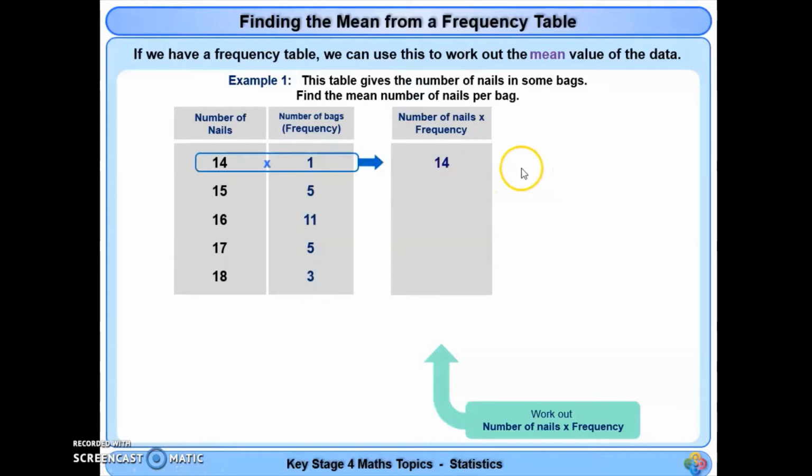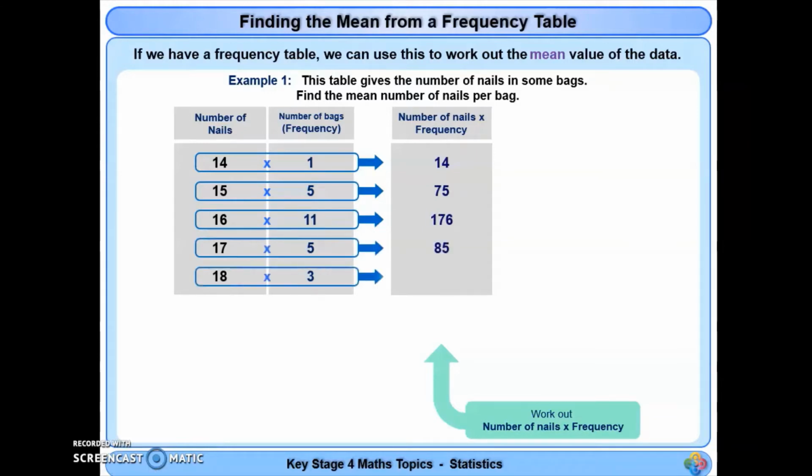So 14 times 1 gives me 14 nails. 15 times 5 gives me 75 nails, and so on. So what this 54 is representing, it's telling me that there is 54 nails in these 3 bags. There is 85 nails in these 5 bags. But what we're interested in is finding the mean amount of nails.